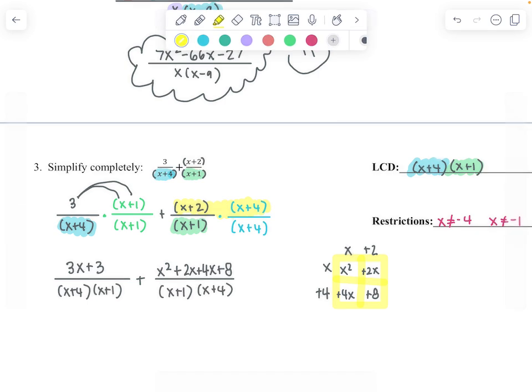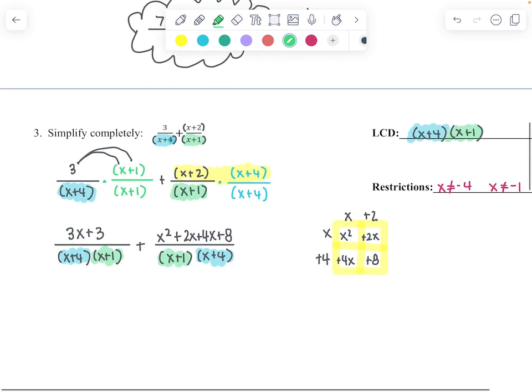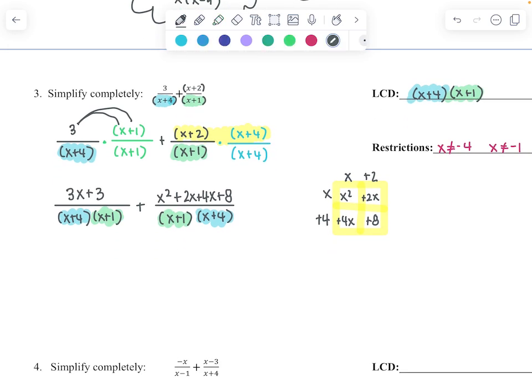And we ask ourselves, do they have the same denominator? Yes, even though they're in different orders, that doesn't matter. It means the same thing. So we can all put it over 1 and combine our like terms.